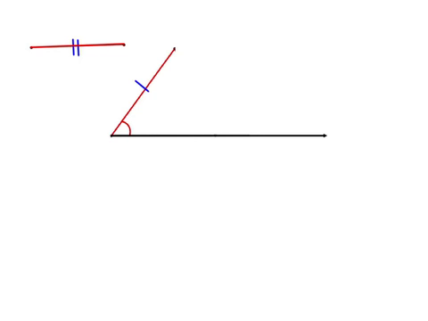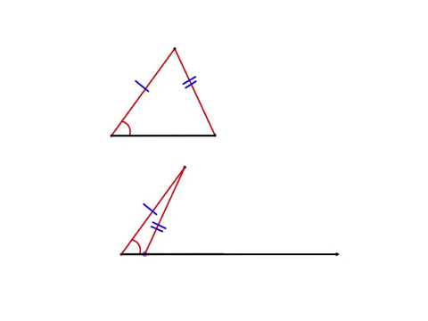But we're not allowed to mark it off on the other side of the angle because this potential theorem or postulate says that the angle is not the included angle between the two given sides. So we have to put the side like this, and we can do that, and we've made a triangle. And there's our triangle. But we can also take that side and put it in like this. That gives us this triangle.